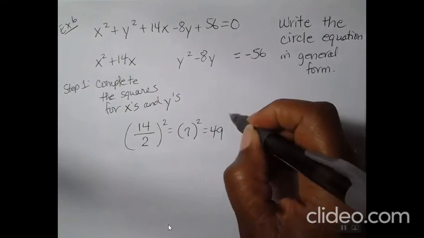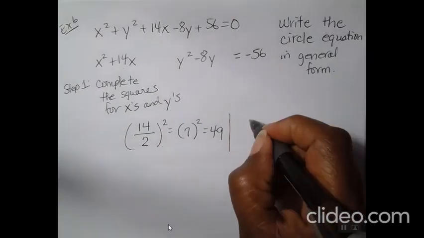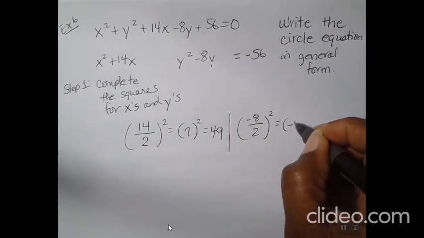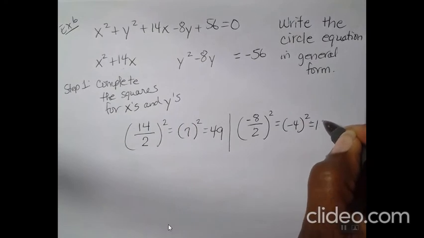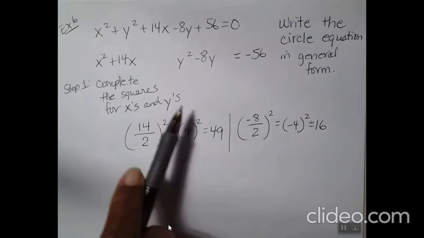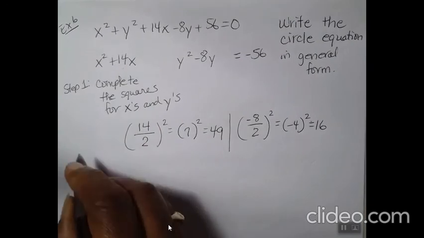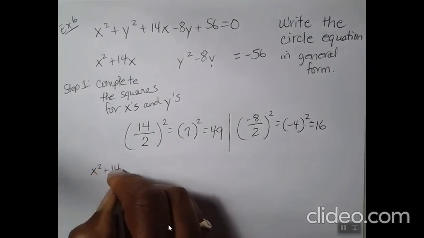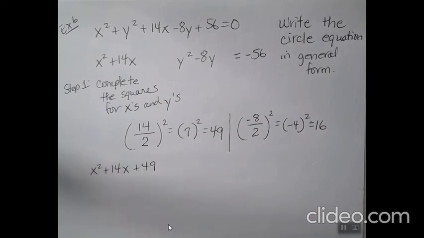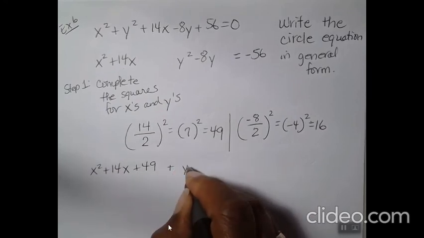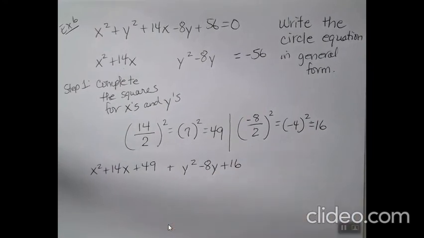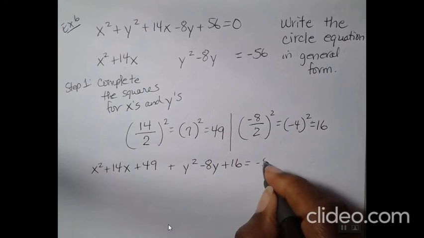For the y, we're going to take the negative 8, divide that by 2, and square it, which is negative 4 squared, or positive 16. This goes in place now to complete these equations. So we've got x squared plus 14x plus 49, which completes the square here, plus y squared minus 8y plus 16, which completes the square here, equals negative 56.